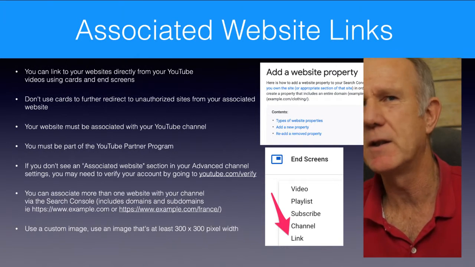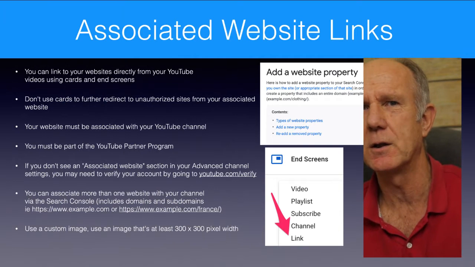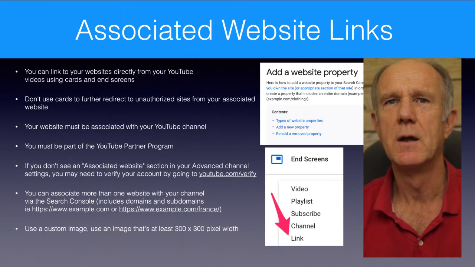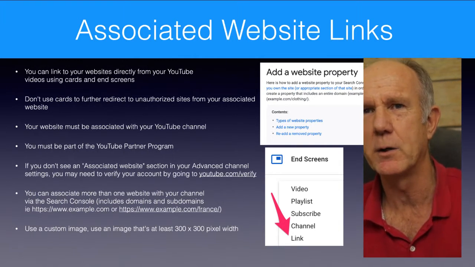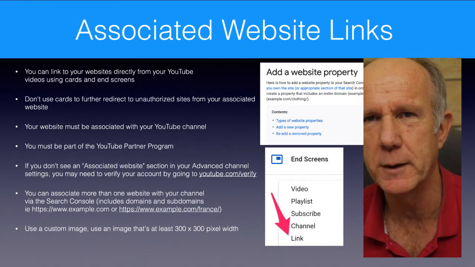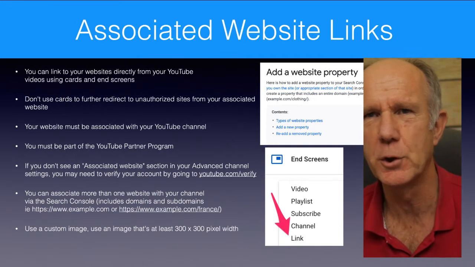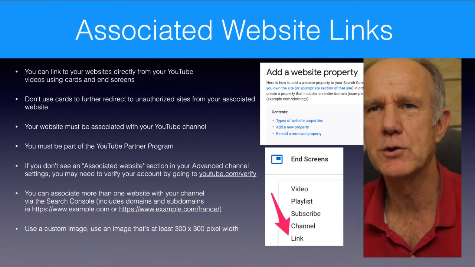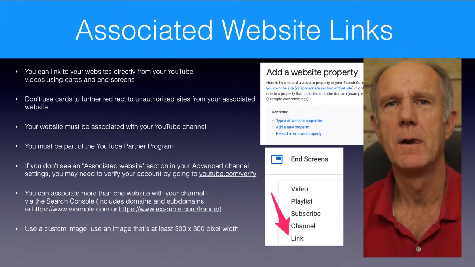And then if you don't see that associated website section in the advanced channel settings, then you need to go and verify your YouTube account, or just go to youtube.com/verify.